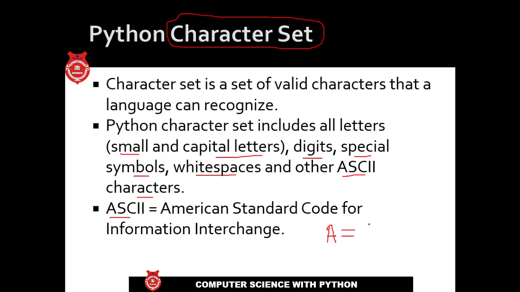So A is equal to 65 in ASCII value. So we call this as the ASCII value. Like that, a small letter a is equal to 123. Like that, if you see a textbook, there are lots of ASCII equivalent codes.